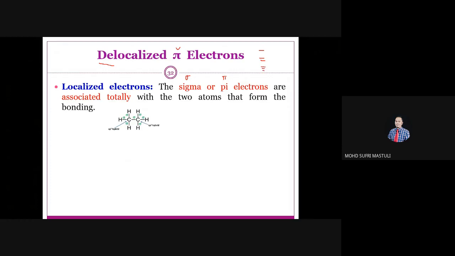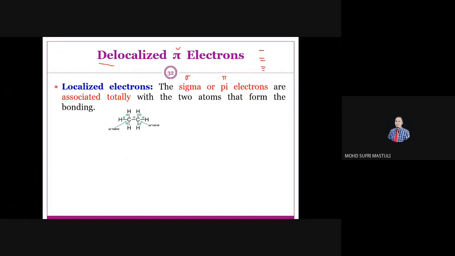Coming back to this molecule, all the bonds are single bonds, meaning that all the sigma electrons are localized electrons. Localized, this sigma is associated totally between two atoms, between this carbon and this hydrogen.